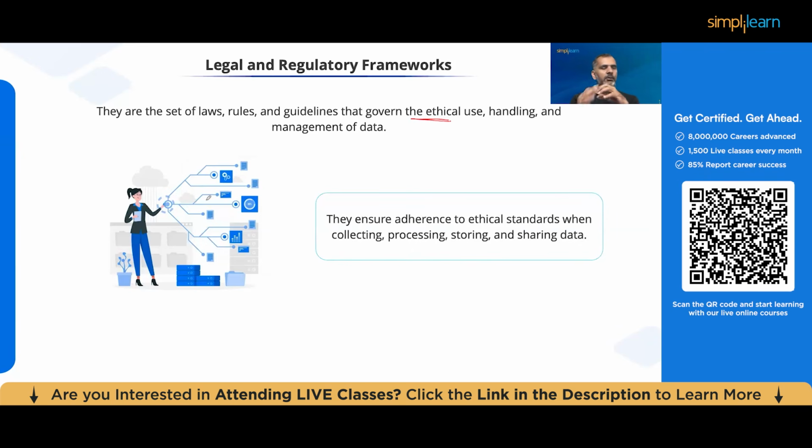So finally, we have a framework through which we can define the key principles of data ethics, and a regulatory framework that is going to govern how these key principles are implemented in data organizations.